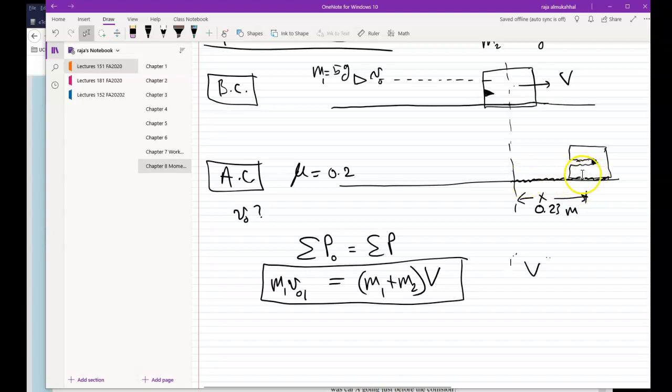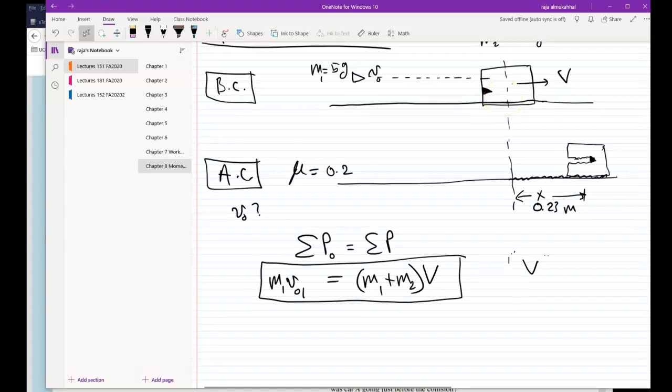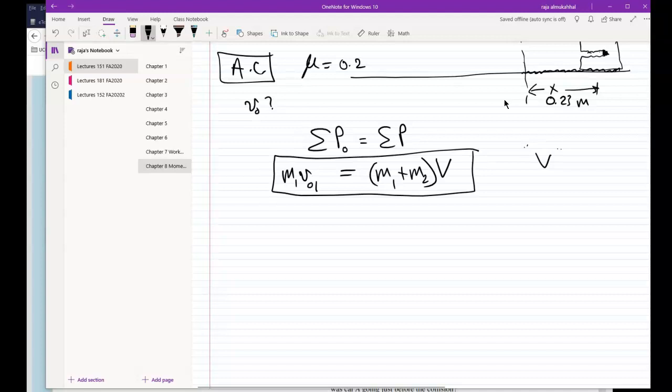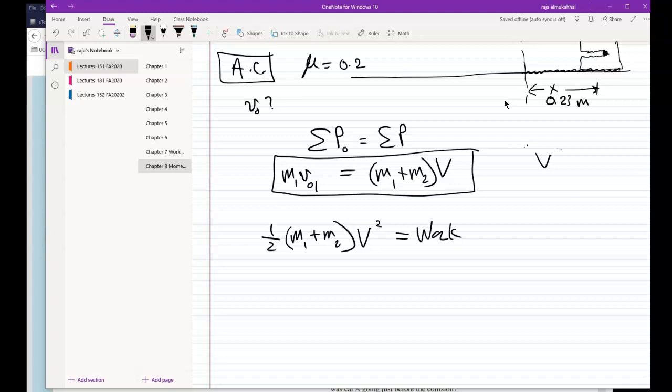That work is equal to the initial kinetic energy. In other words, using conservation of energy, 1/2 (m1 plus m2) V squared, the kinetic energy of the bullet-block system, is equal to the work done by friction.